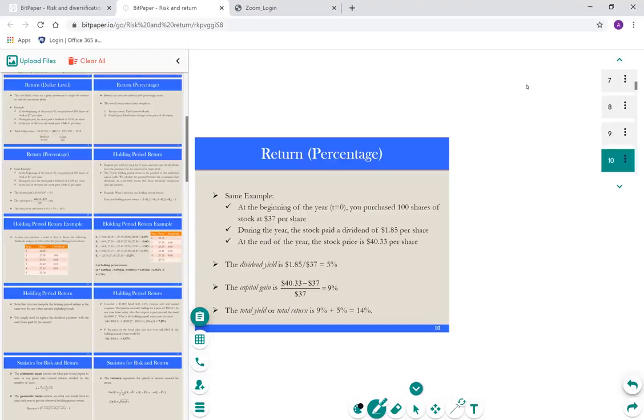And so you gained $3.33. And if you think about that relative to the $37 that you invested initially, that's about a 9% return. So then your total return is the dividend yield, which was 5%, plus the capital gain yield, which is 9%, for a total return of 14%.